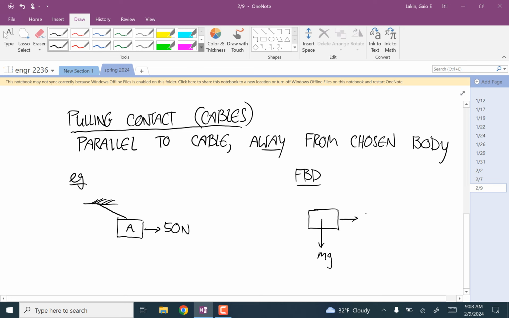It would have that applied force. We don't have to know what's causing that force. That's just given to us. And then for the pulling force, since this is connected by a cable, it's a pulling force. If you try to push with a cable, it just collapses. So all they can do is pull. It's going to be parallel to that cable and then away from the chosen body. And I'll usually give it the variable T for tension.